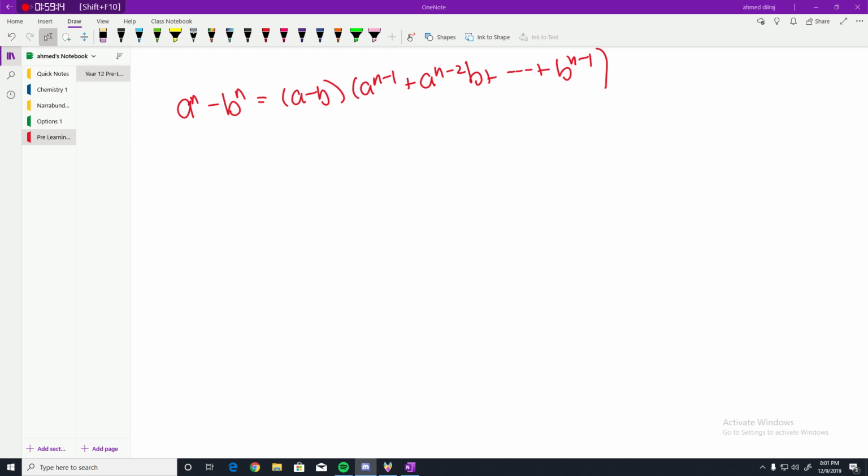I just need some time, because the solution is actually kind of easy. But is it alright if I skip the show true for n is equal to 1? Because it's pretty obvious it's true for n is equal to 1, right? So let's just assume true for n is equal to k.